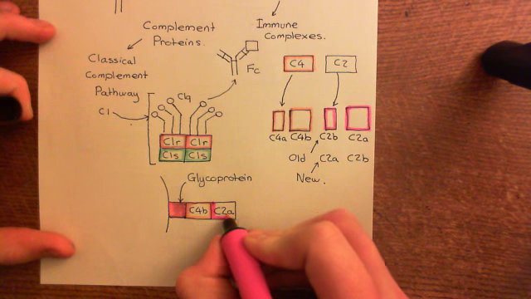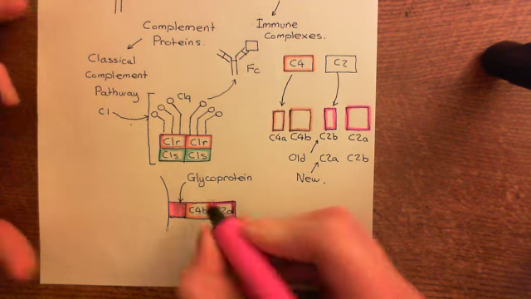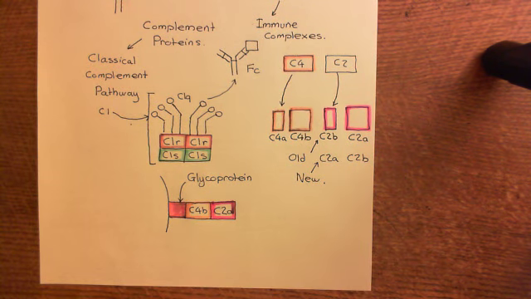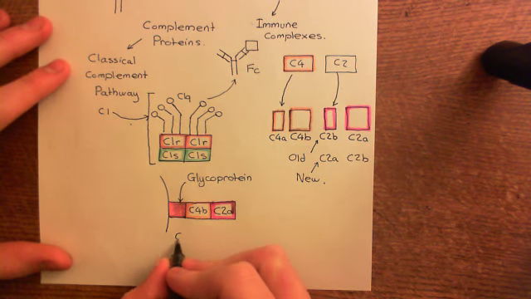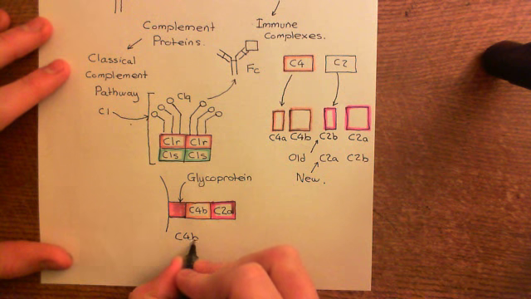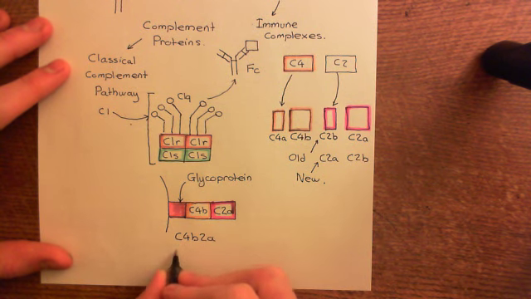So here is C2A assembled on the top of C4b. Now, once you've assembled this, this is going to act as something known as a C3 convertase, basically. So this structure here, which is often referred to as C4b2A, is a C3 convertase.